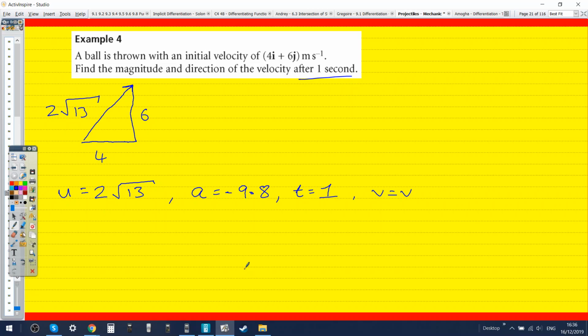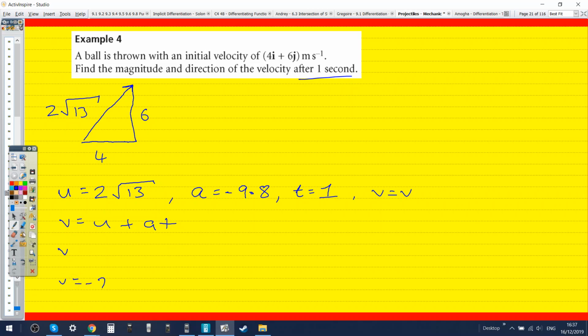Could we use v equals u plus at? Yeah. I got minus 2.59.